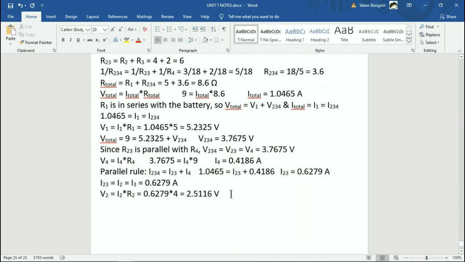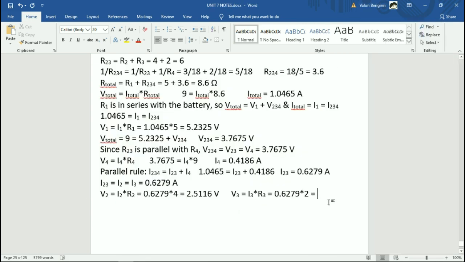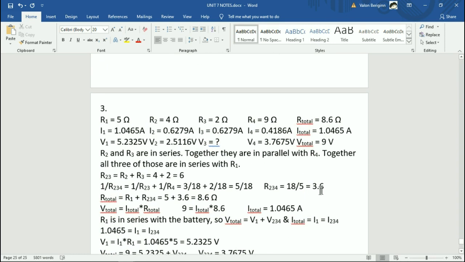And V3 is half that, 1.2558. Very messy, but okay.